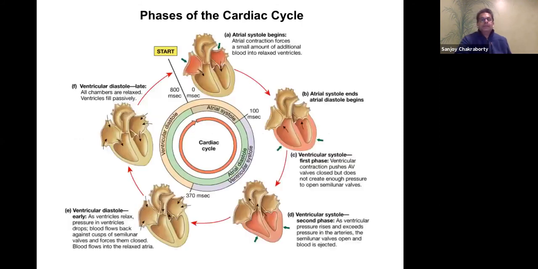So we are interested in something called cardiac output, CO. Cardiac output is defined as the amount of blood aorta receives. Aorta receives means your body receives.